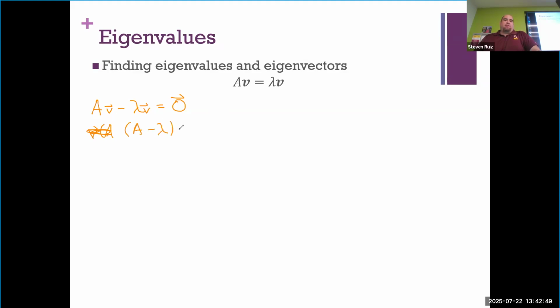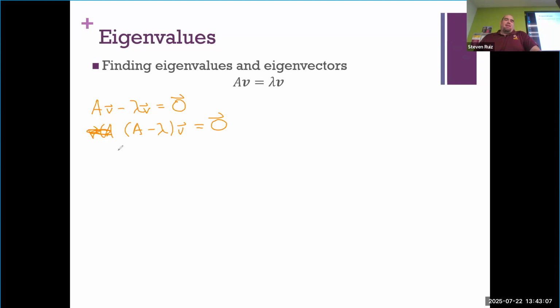Is there anything wrong with me writing that? What kind of thing is A? It's a matrix. What kind of thing is lambda? It's a scalar. So it's incorrect for me to subtract them like this.